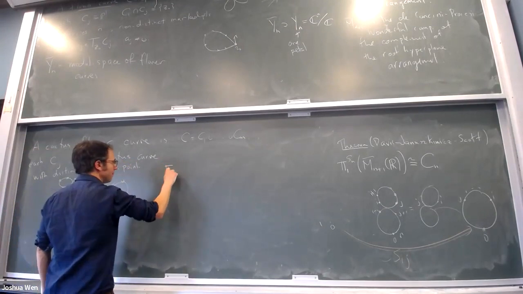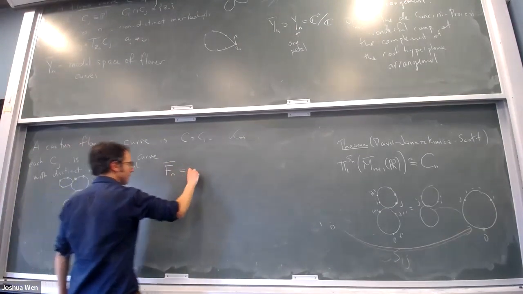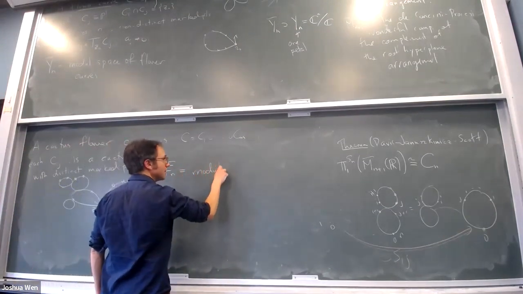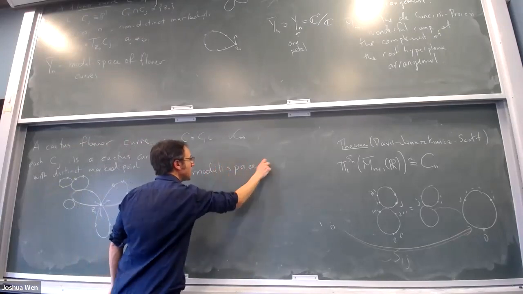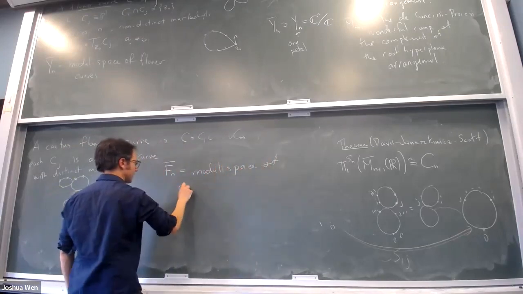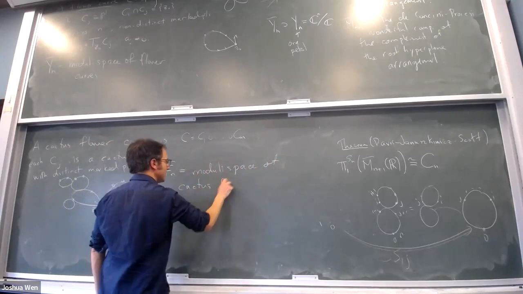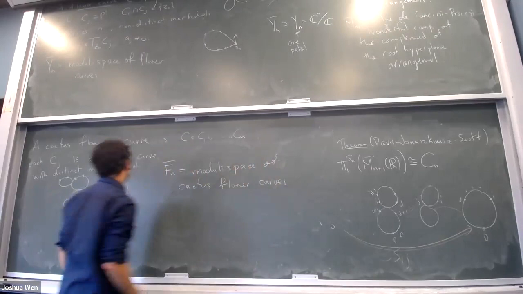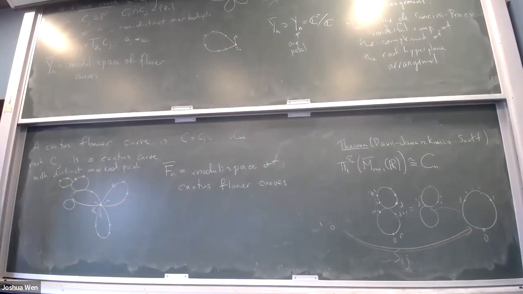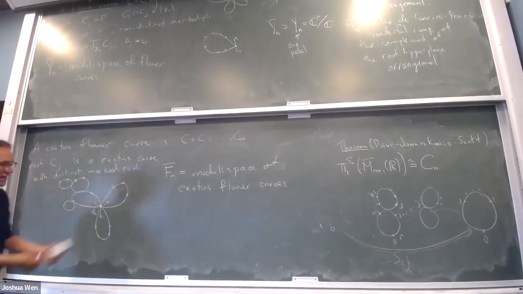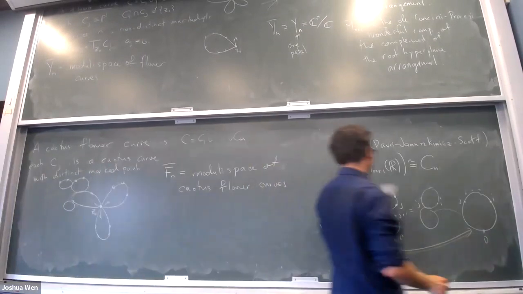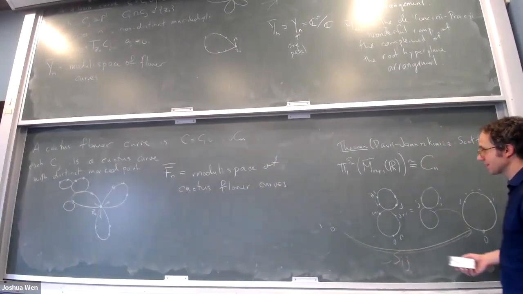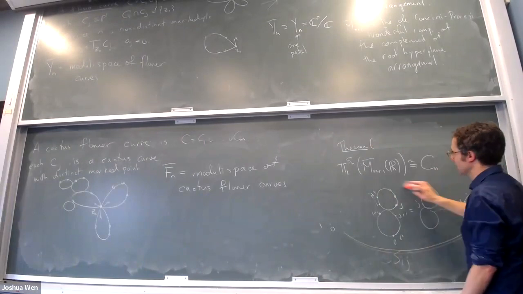And then that FC_n bar is this space, which combines somehow both ideas.